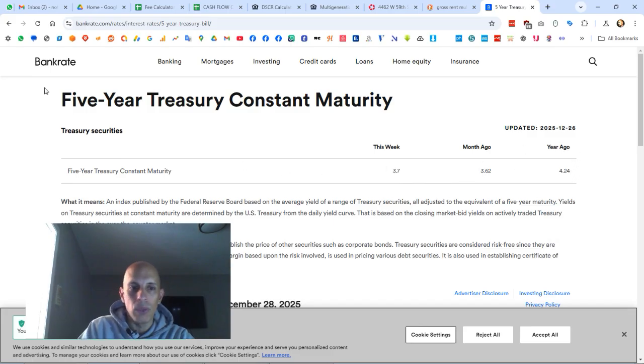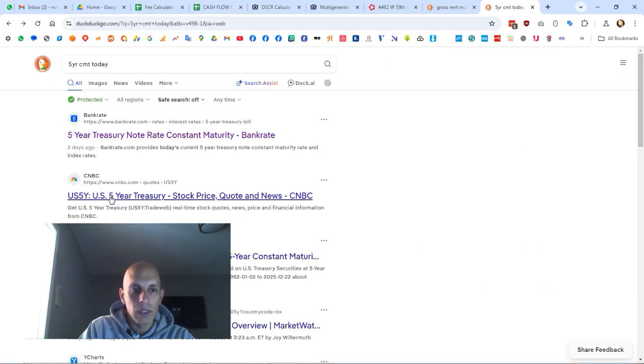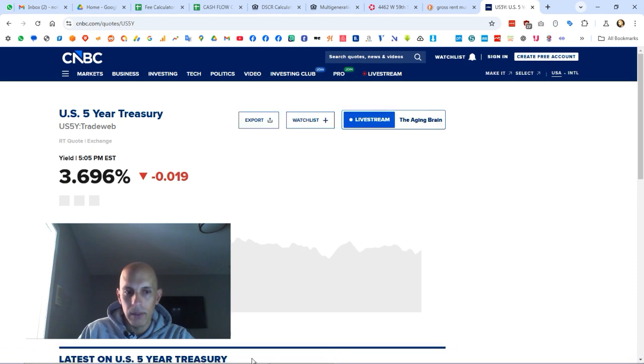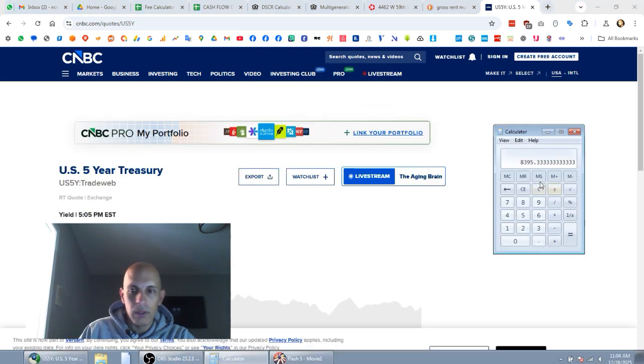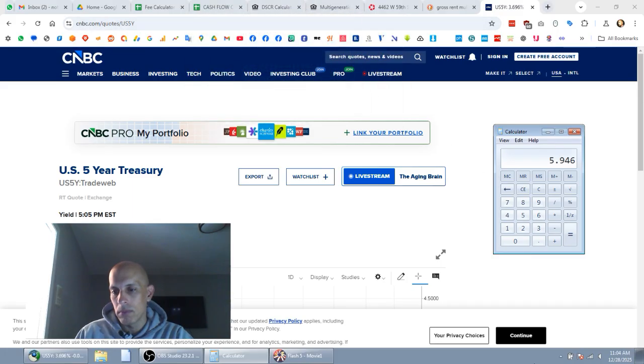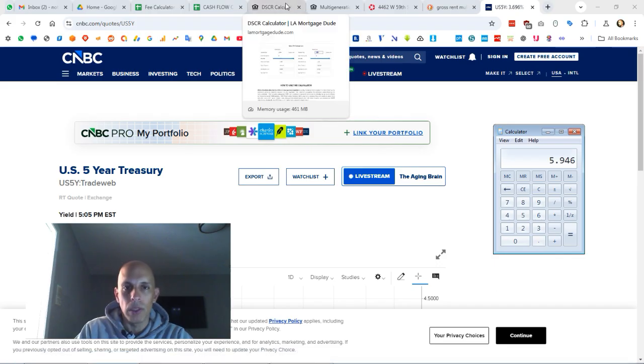So this says week. It should be here. There we go, 3.696. So we're going 3.696 plus 2.25. So you're looking at an interest rate of 5.946 or 5.95 as of December 28, 2025.